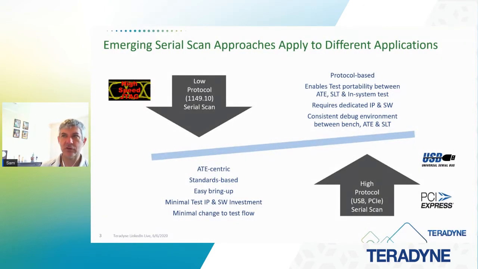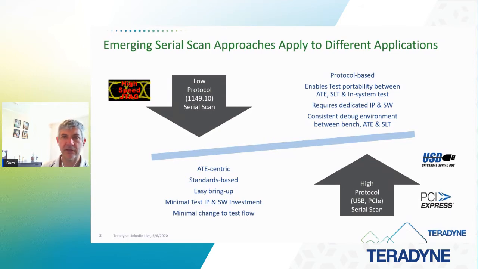So in general, there are two different approaches to serial scan today. There's low protocol scan, most commonly associated with IEEE 1149.10, and there's high protocol scan, which can operate on USB or PCIe interfaces. The protocol refers to the amount of software or the complexity of the state machine that exists in the IP on the chip.